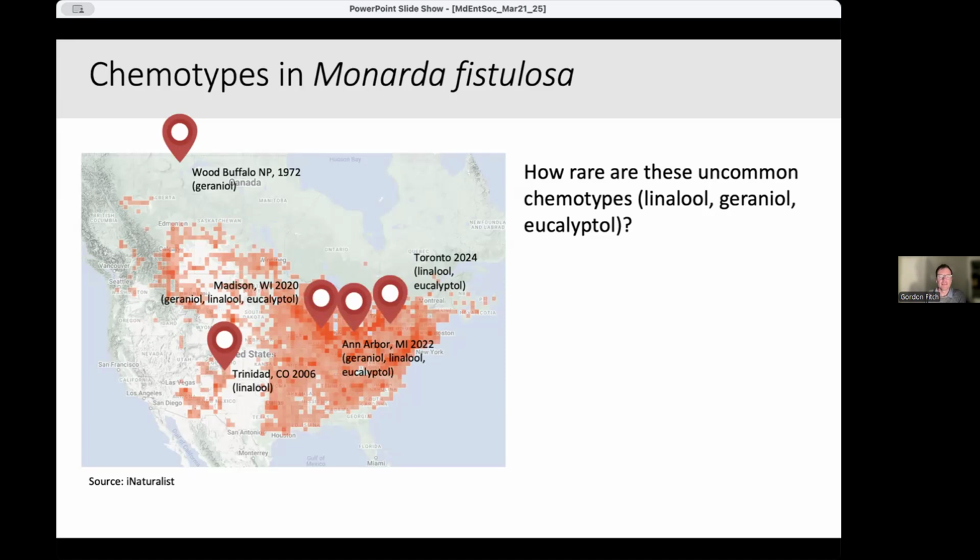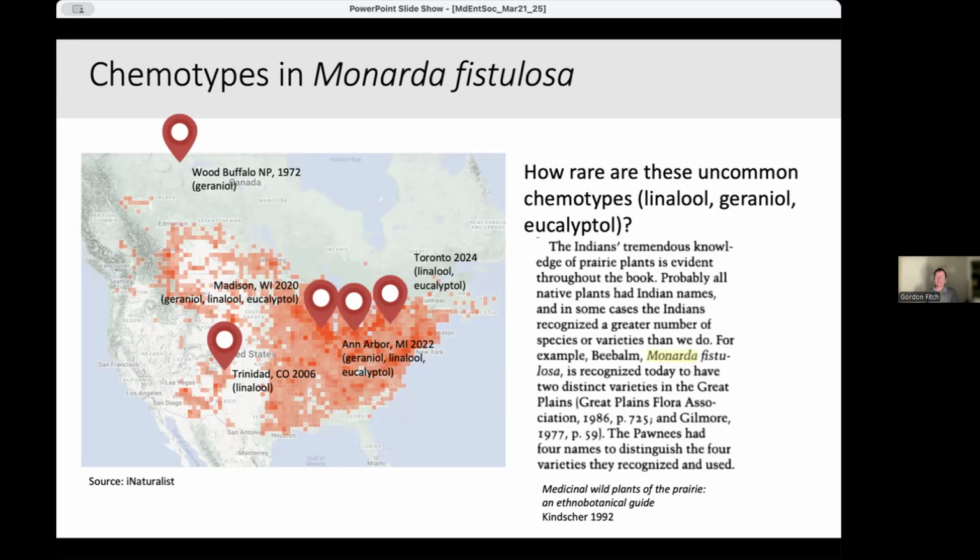So it seems like this isn't actually just a fluke. These keep showing up in populations, and seem to persist pretty stably over time. So Ken has gone back to that population in southern Colorado we initially found in 2006, and they're still there at about the same density in the population now, nearly 20 years later.